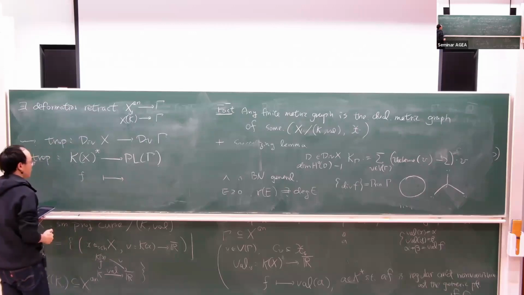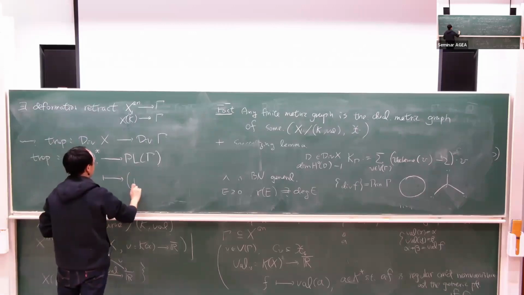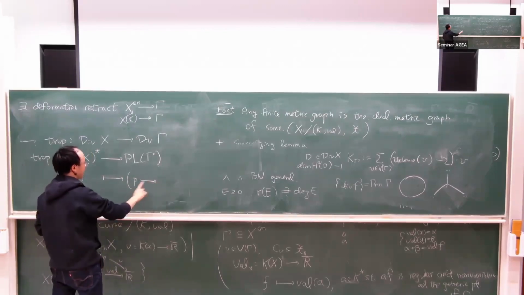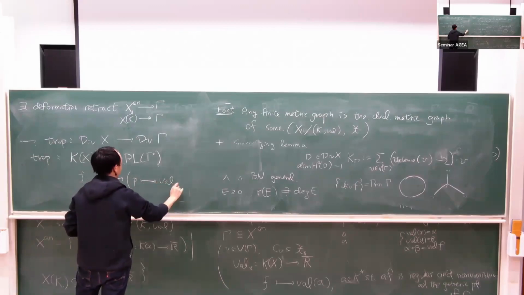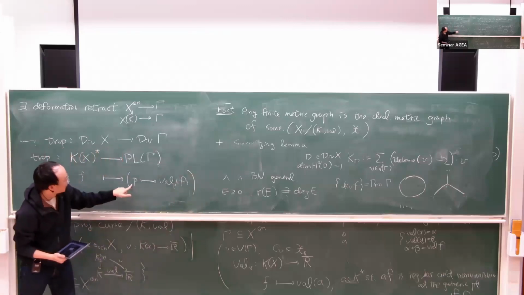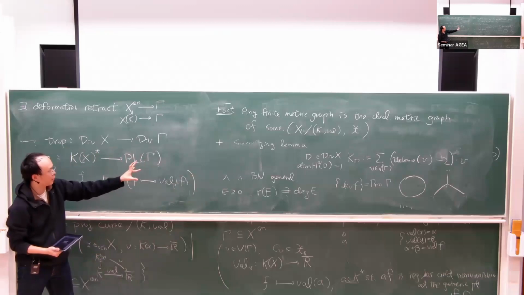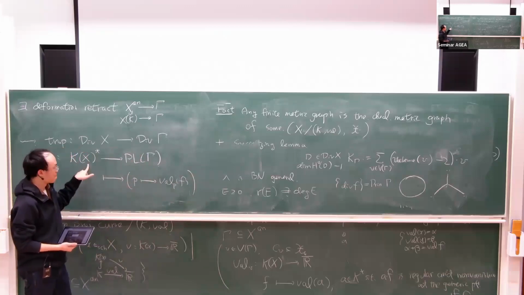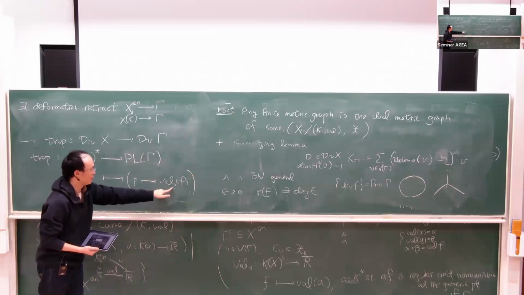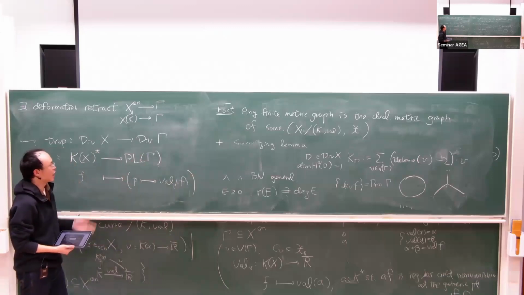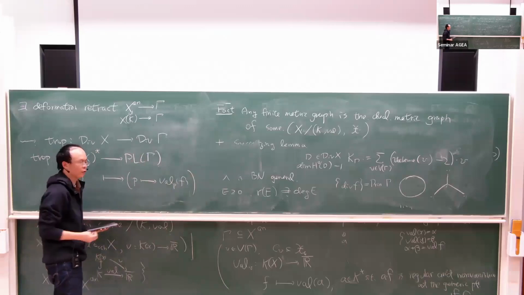So if you have a non-zero rational function F, this will give you a function which is defined by P sent to the valuation of P at F. So we have mentioned that gamma is embedded into the identification of X, and these are all valuations on the function field of X. So fixing P, you have a valuation P, and then the value is just this valuation of F. So it's not hard to see this actually gives you a piecewise linear function on gamma.